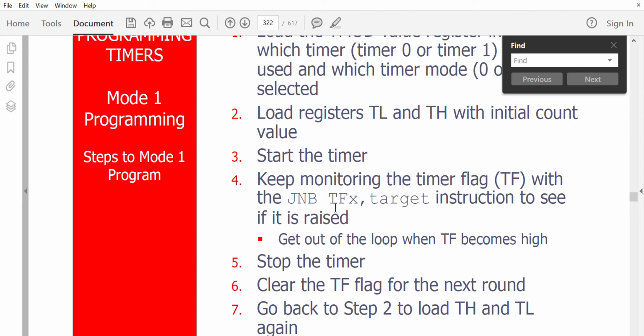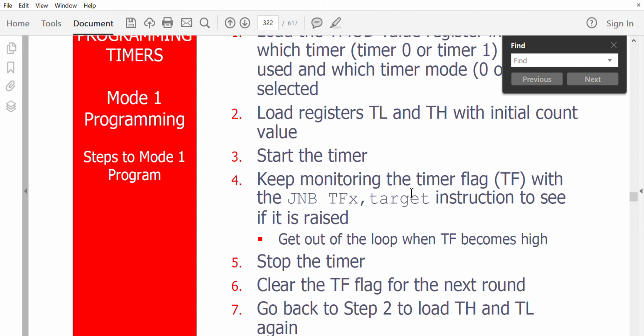Whenever it is not set, it will go to a target instruction. If it is set, then it will go to the instruction just below. So unless it is 1, it will go to the target, which means it will continue the loop.